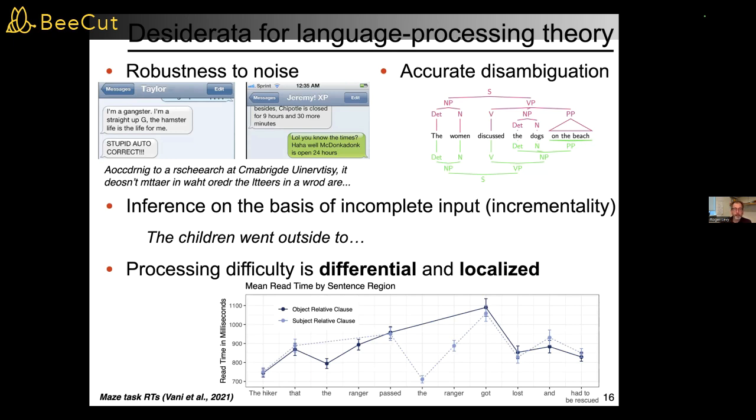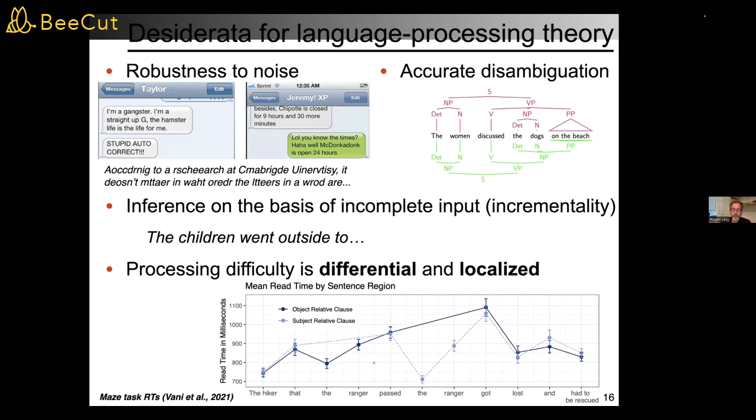And also, processing difficulty is differential and localized. So if I take, for example, two very similar sentences, "the hiker that the ranger passed got lost" versus "the hiker that passed the ranger got lost." The first one, the reading times word by word, when we monitor those using what's called the maze task, are in solid. The second version, they're in the dots.